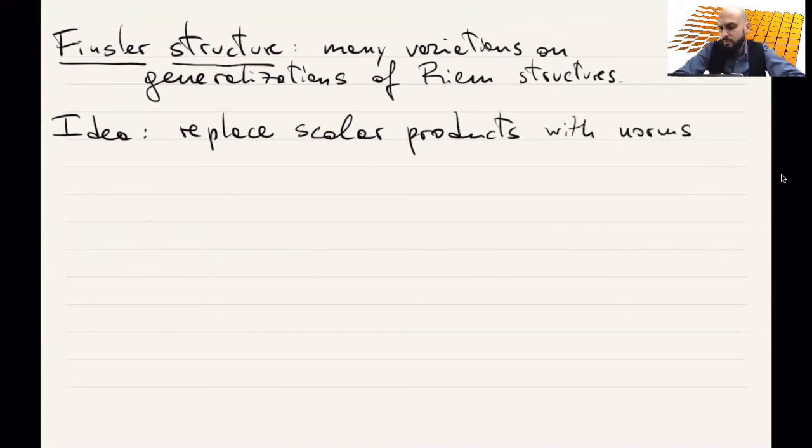One should also pay attention to what is a norm, what's a smooth norm, and which regularity we require.